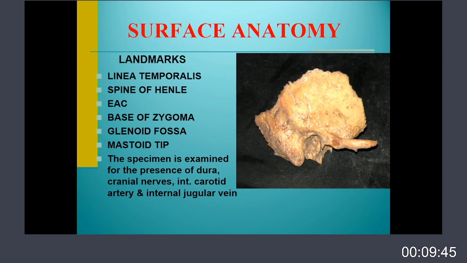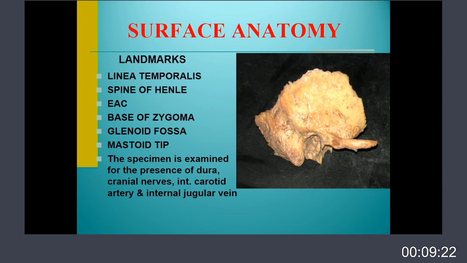So the various landmarks that we can see: the linea temporalis, spine of Henle, external canal, base of zygoma, glenoid fossa, mastoid tip. This specimen must also be examined for the presence of dura or the cranial nerves and other vessels also.